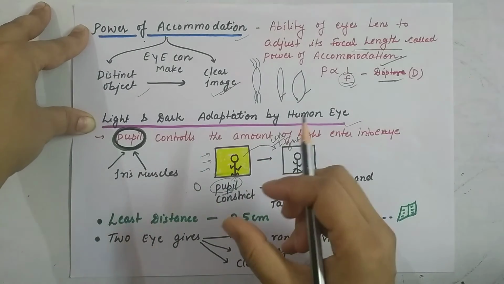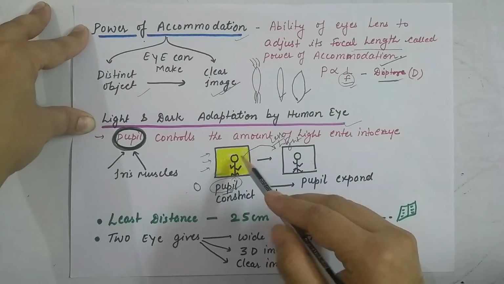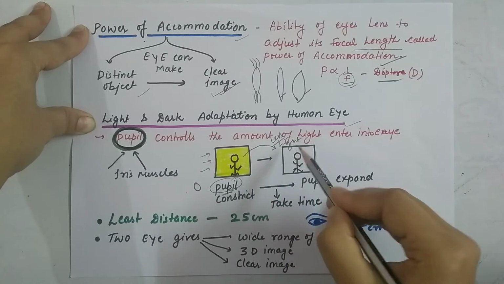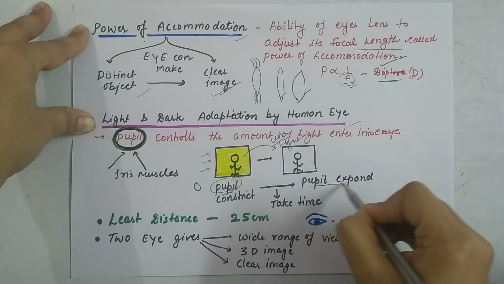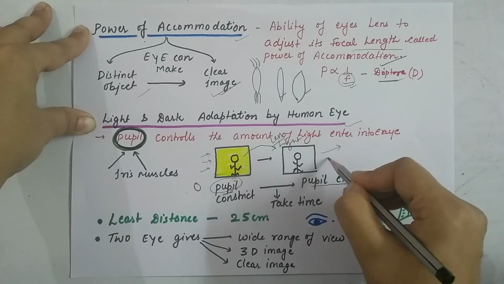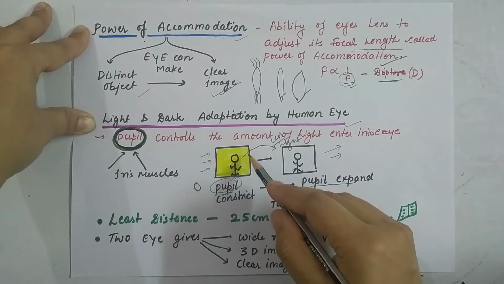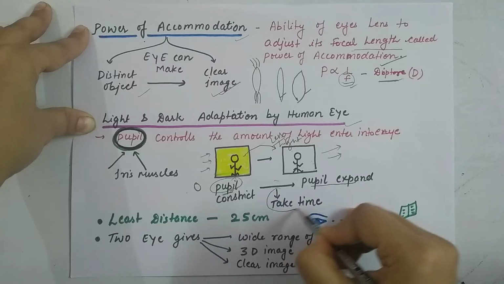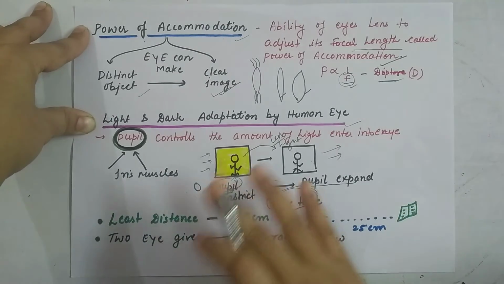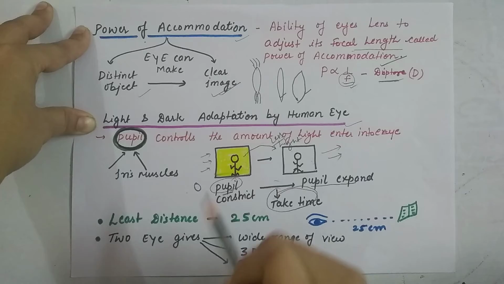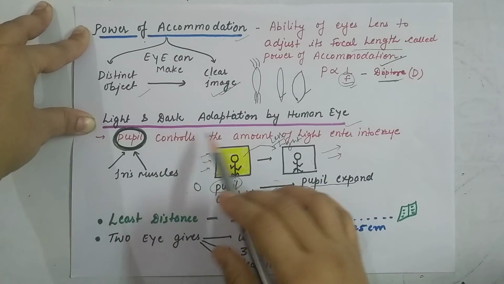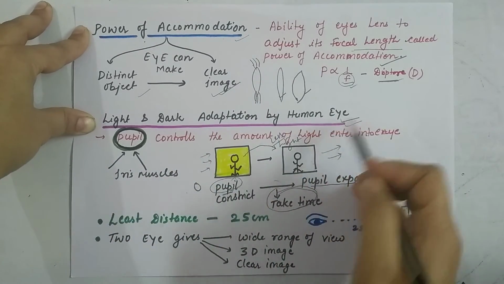But when you suddenly go from more light to less light, the pupils have to expand because the eye needs more light. This takes some time, and due to this time you feel that you are not able to see anything. So this is how light and dark adaptation is done by our human eye.